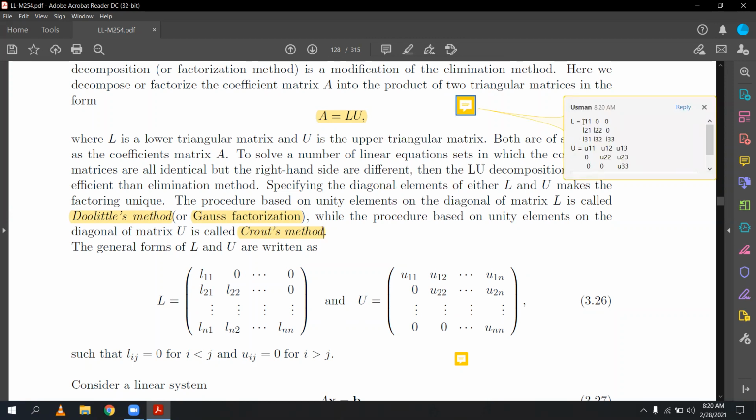In the Doolittle method, the diagonal element of L should be 1. How many elements do we have in total for L and U unknown?